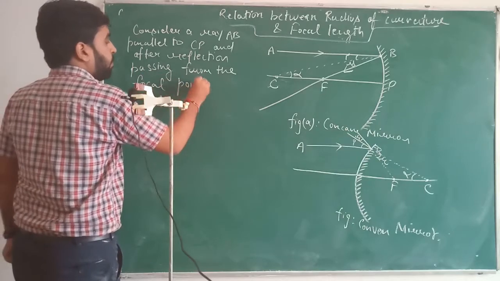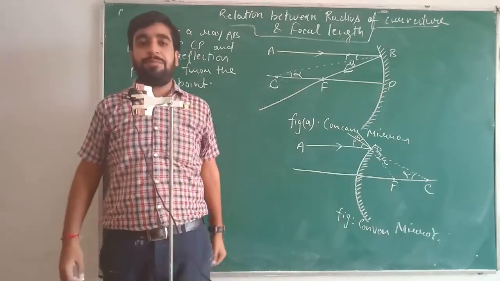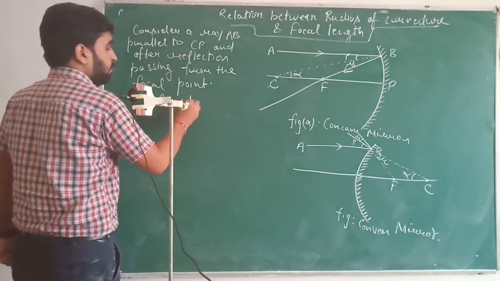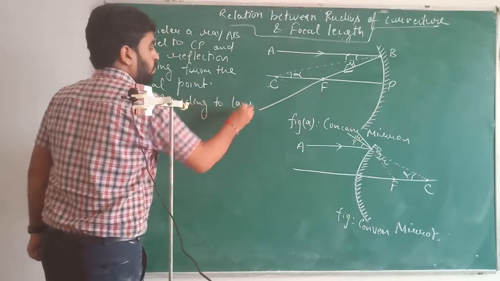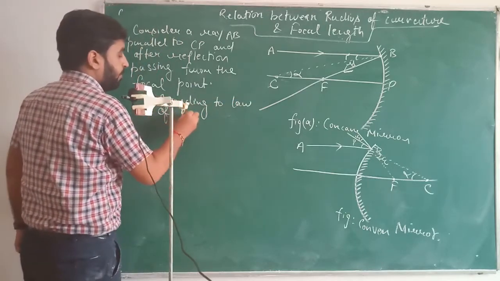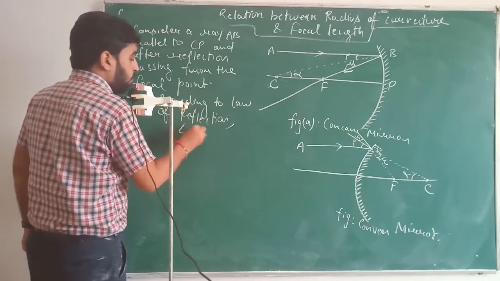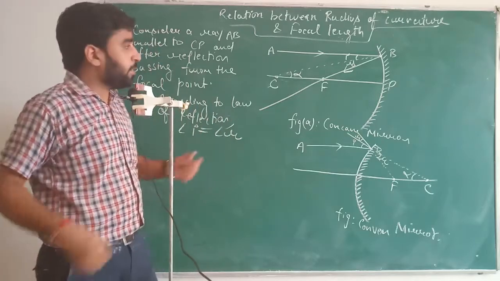Very fine. Now students, if we apply the law of reflection, what is the condition according to the law of reflection? Angle of incidence is equal to angle of reflection. This is the condition.